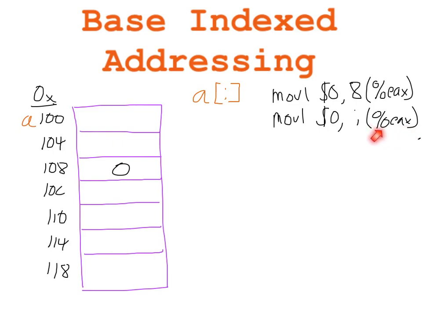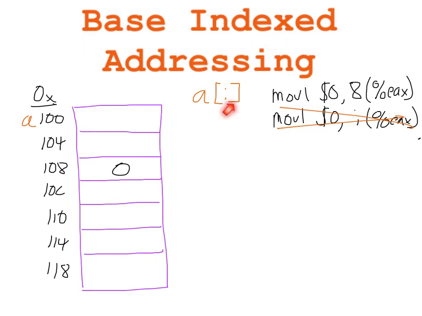Well, what's this? This is an address that we want to dereference. And by definition of dereference, we're going to go to main memory. So by accessing our variable I and by dereferencing our pointer, that's 2 accesses to main memory, and we're only allowed to do 1. So this will not work, and that's why we have base indexed addressing.